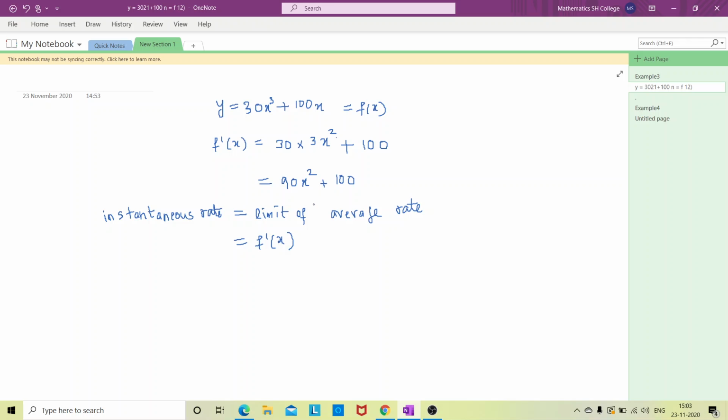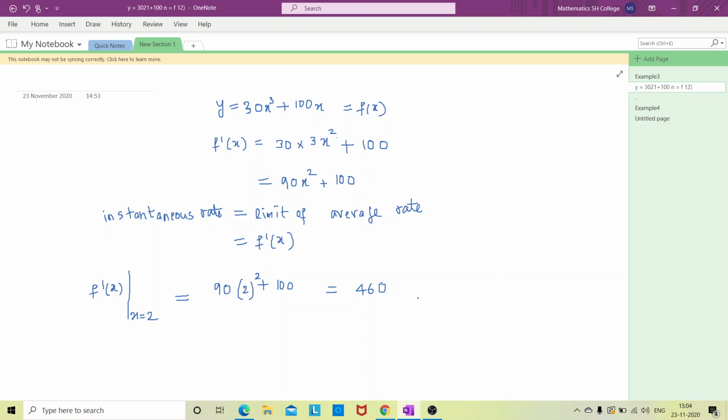So we have calculated it. We have to find f dash of x at x equal to 2. So substitute here x equal to 2. So you'll get 90 into 2 square plus 100. So this is 360 plus 100, so 460.